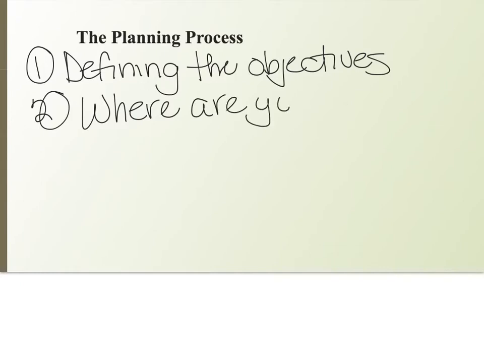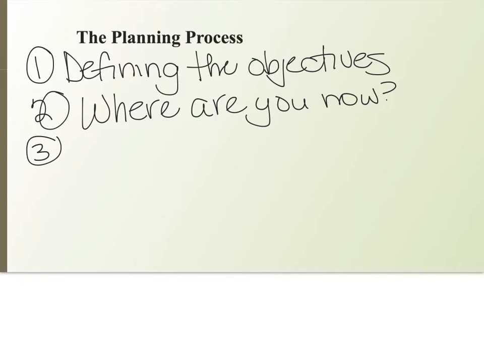Step 2 is to determine where you stand in relation to the objectives. So where are you now? This involves evaluating current accomplishments relative to desired results. Know what strengths work in your favor and what weaknesses may get in your way.